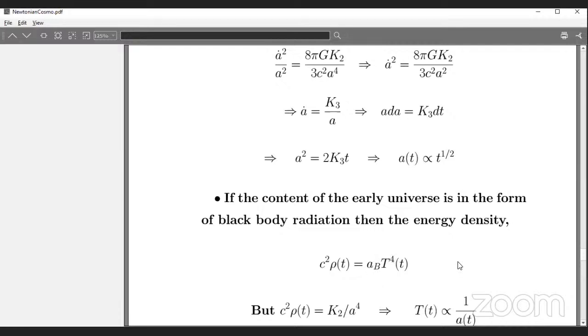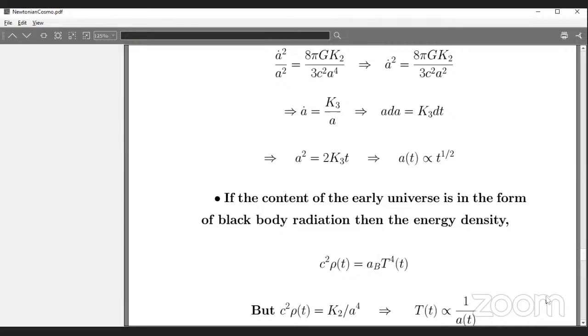From our school days, we have learned the Stefan Boltzmann law for black body radiation. So the early universe, which was dominated by hot radiation-like matter, has energy density going as the radiation constant AB times the 4th power of the temperature of the radiation.